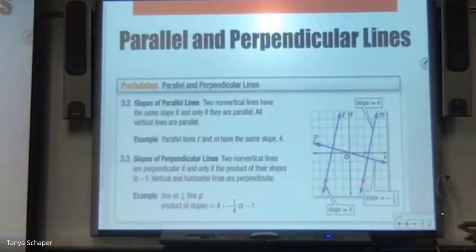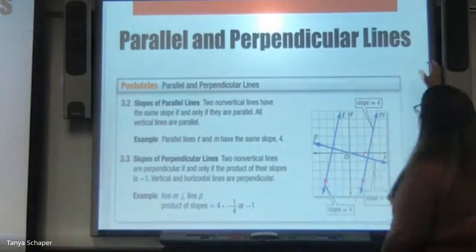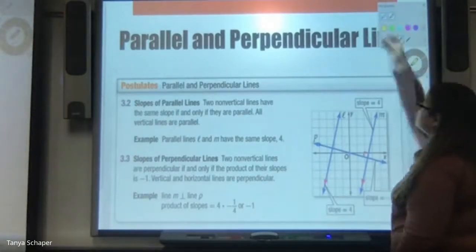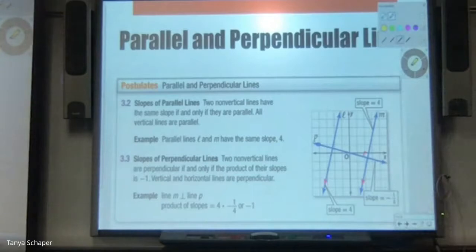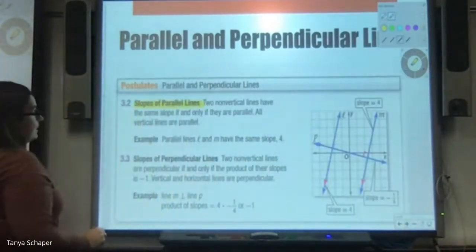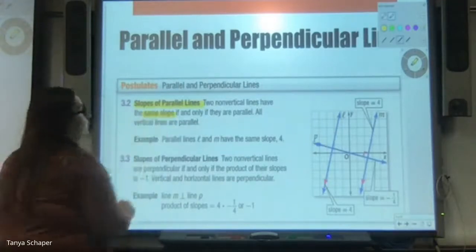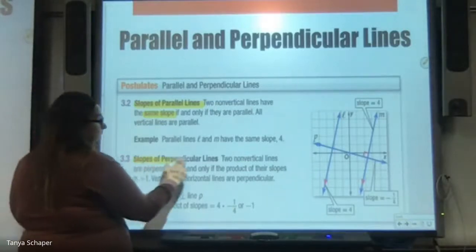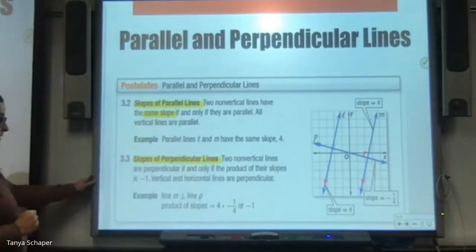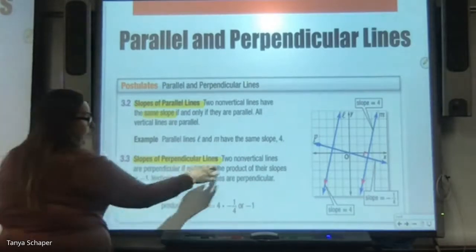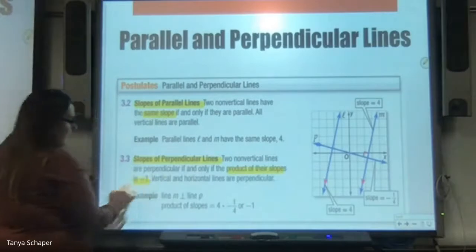All right, parallel and perpendicular lines. Reminder from last year. We're going to be using this a fair amount this year, so it's good to bring it back and think about it. Slopes of parallel lines are the exact same slope. For perpendicular lines, the product of their slopes is -1.